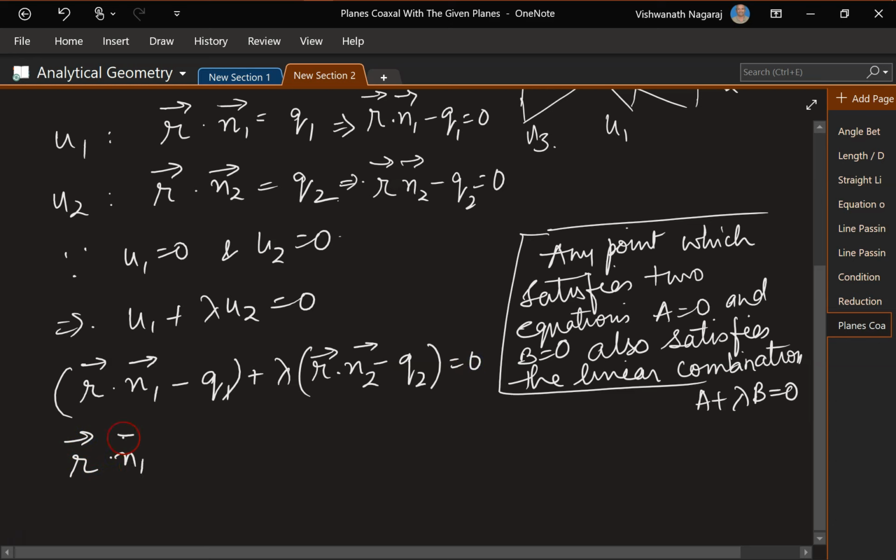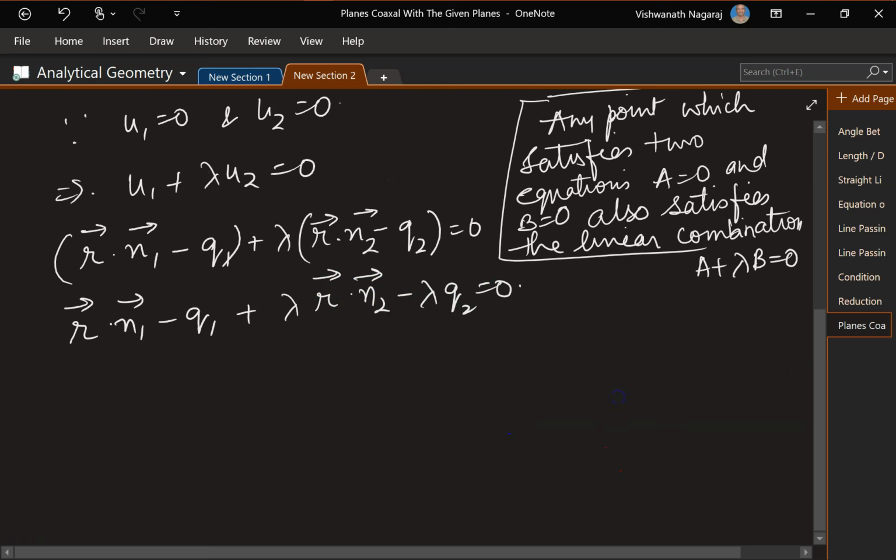Vector r dot n1 minus q1 plus lambda vector r dot n2 vector minus lambda q2 equal to 0. Let's take q separate. So we get vector r dot n1 plus lambda vector r dot n2 vector minus q1 minus lambda q2 equal to 0.